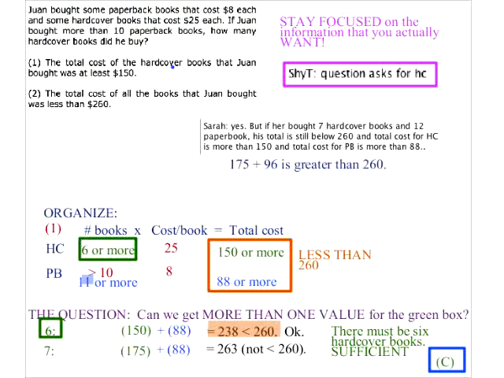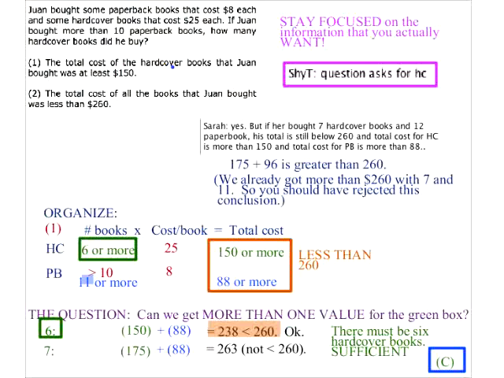Also, we know that that's greater than 260 because we can't even have 7 and 11. So make sure you consider other cases too. Like, we already got more than $260 with 7 and 11, so you should have rejected this conclusion anyway. This is also an important thing.